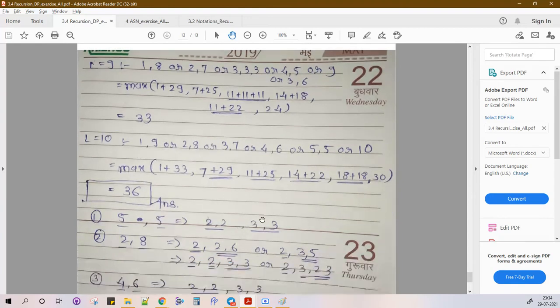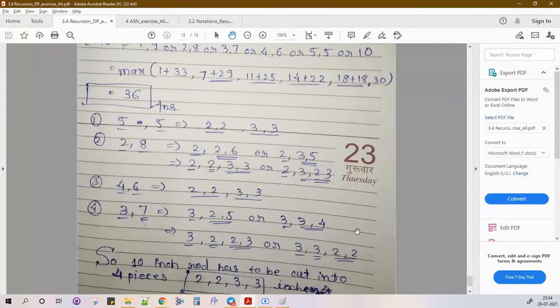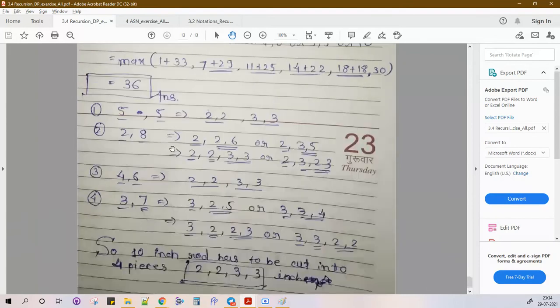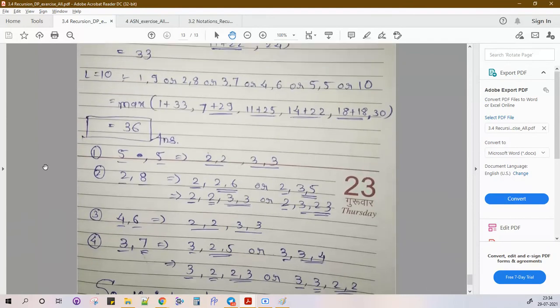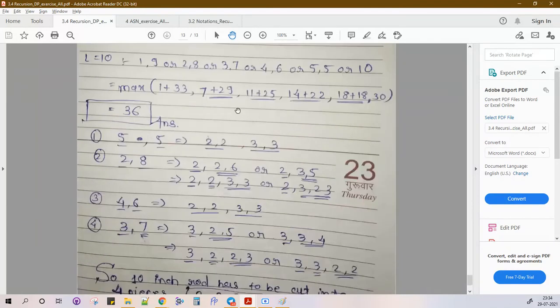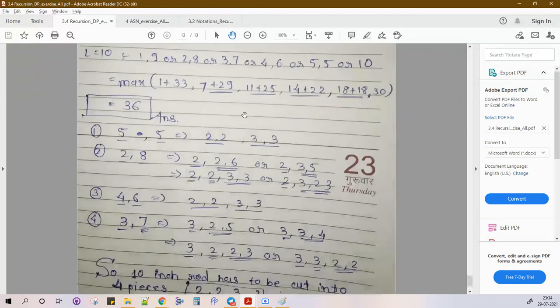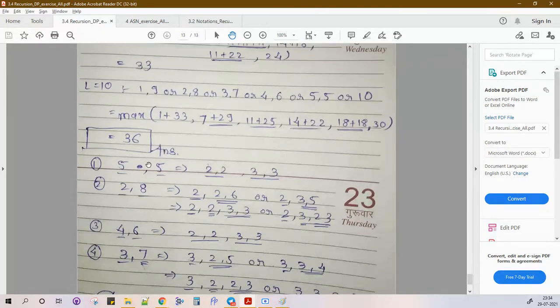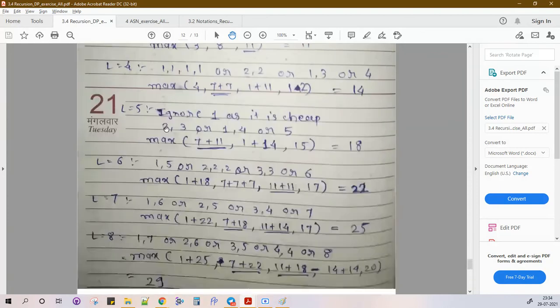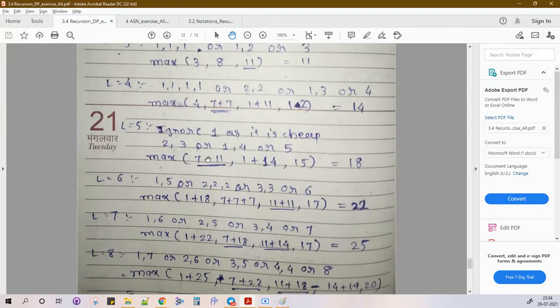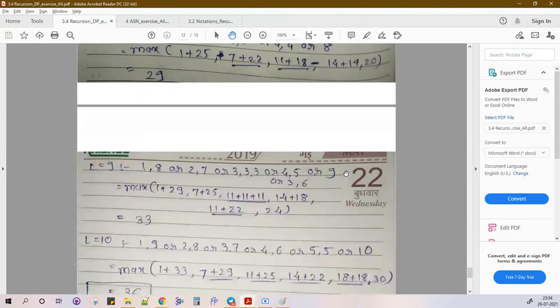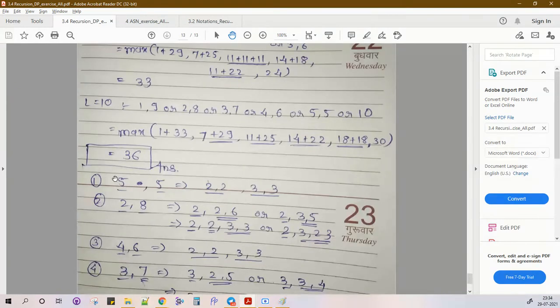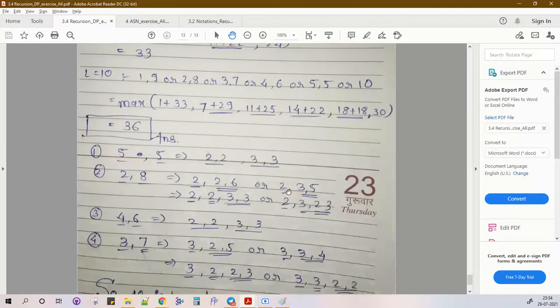The answer is 36. And the combinations are so many, and I guess it is repeating also. So the first combination, this is just for time pass. I had some spare time, so I have written it, and now it is beautiful. So if I take 5 and 5, and how to earn the maximum profit for 5, it is nothing but 2 and 3, 7 plus 11, I will get 18. So it is 2 2 3 3.